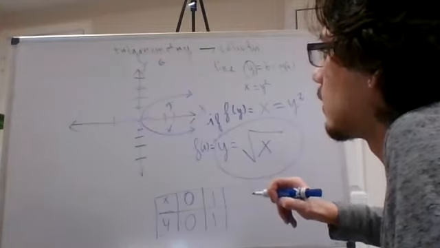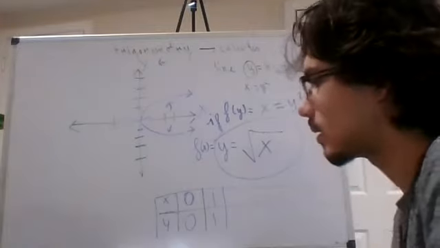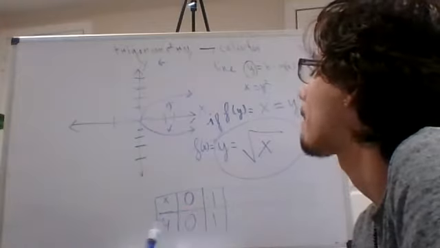Yes, sir. 1 squared will equal to x, if, of course, the 1 represents the y. Let me think about it in a better way.